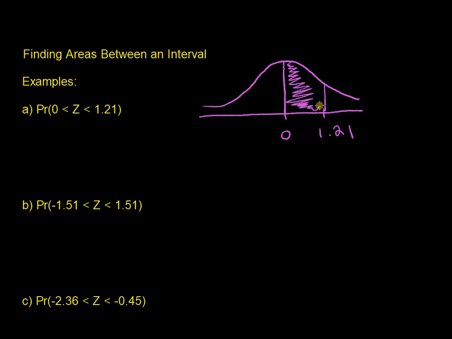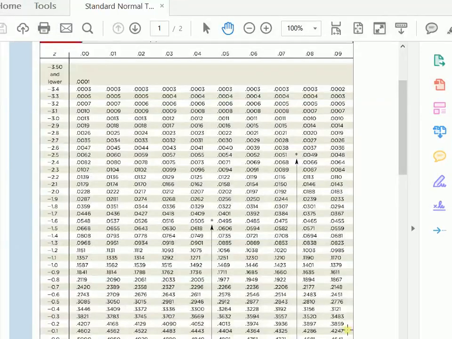All right, if I look up 0 in the table, what I'm going to be looking up is this area that I'm marking right now in green. Actually, we know what that is. It should be equal to half. Half of the distribution is less than 0, right?